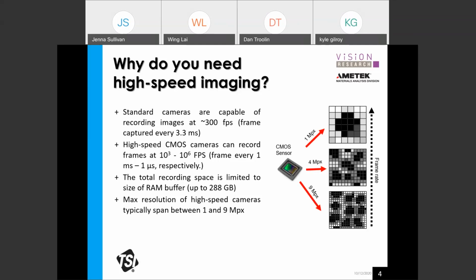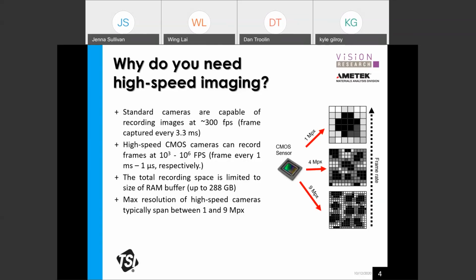Something that has changed in recent years, there has been a push not only to get high frame rates, but also to couple that high frame rate with high spatial resolution. And if you look on the right there, typically the trend is, for the most part, high-speed cameras are in the 1 megapixel realm.